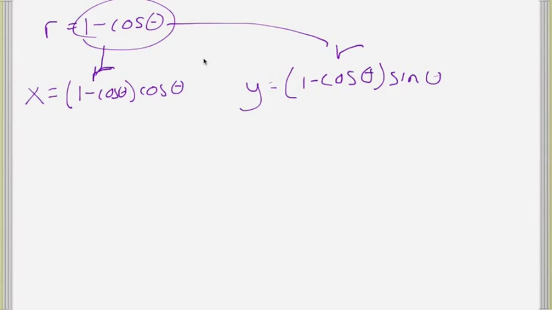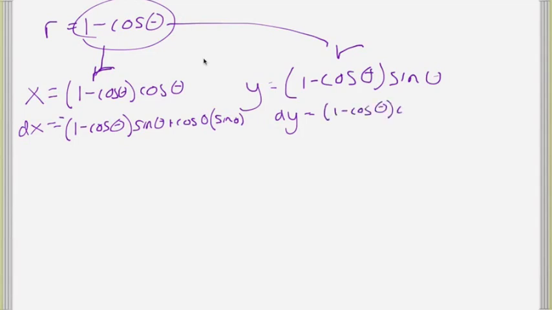Now when I say we're just going to do it, we have a product rule to take care of here. For our x derivative, we're going to have first d second, derivative of cosine is negative sine, plus second d first, sine of theta. And then dy: first d second, derivative of sine is cosine, plus second d first.